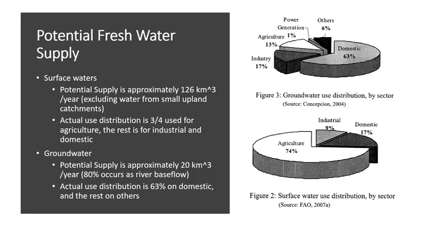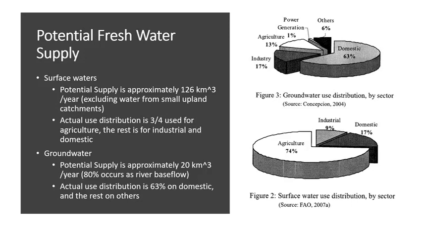Now, in terms of fresh water supply, our surface waters have a potential to supply approximately 126 cubic kilometers per year. But if we look at our actual use, most of it is actually dedicated to agriculture.